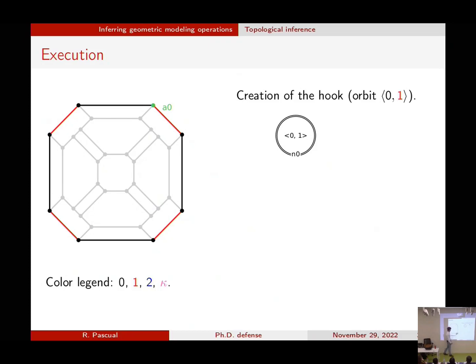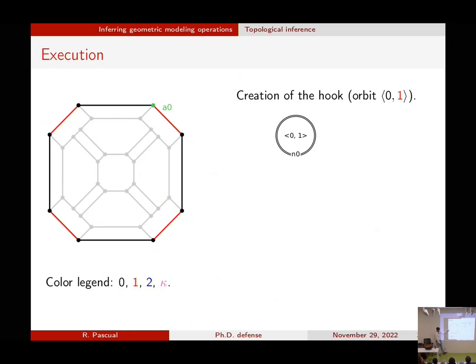Then on the scheme part, I know that the first node should be labeled 0, 2, because it was the input. Now, on the set of dimensions, I could have 0, 1, 2, or kappa. Kappa is the preservation arcs.